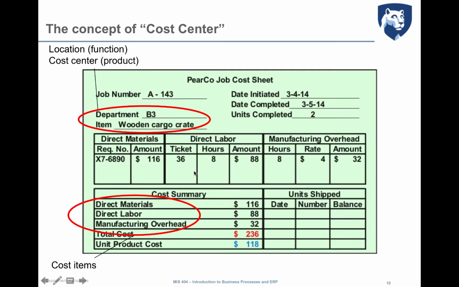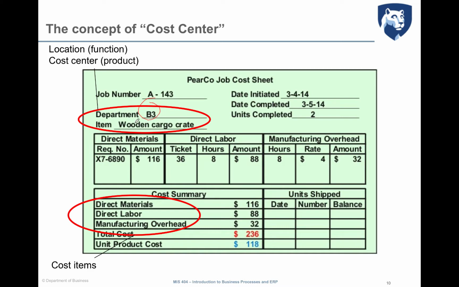If we take again the example that we already saw in previous slides, we can see that in this case we have an example of a managerial document which is named production order or job sheet. In particular, in this case, what we have called the organizational element is the B3 department, so the location where the costs are incurred.